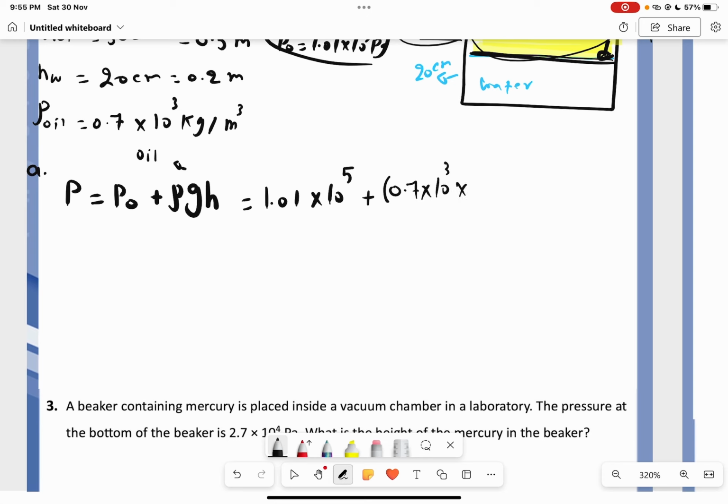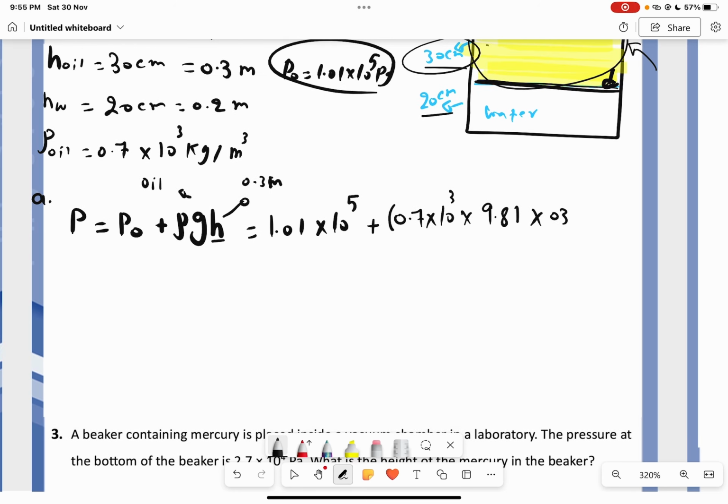You have gravity as usual, 9.81. You have height of the oil. Careful, you are going to use height of the oil, which is equal to 0.3 meter. Then times 0.3, okay? You're not going to use the other one because you are dealing with oil.